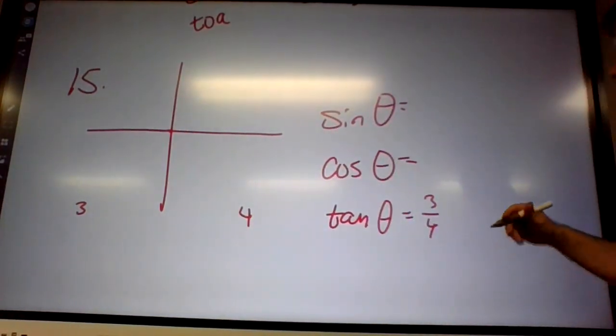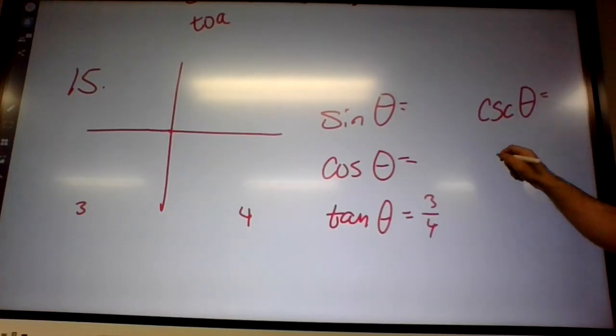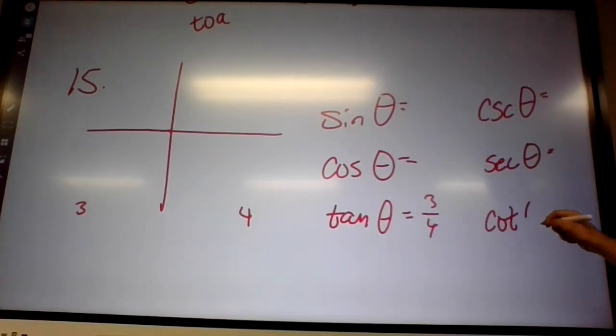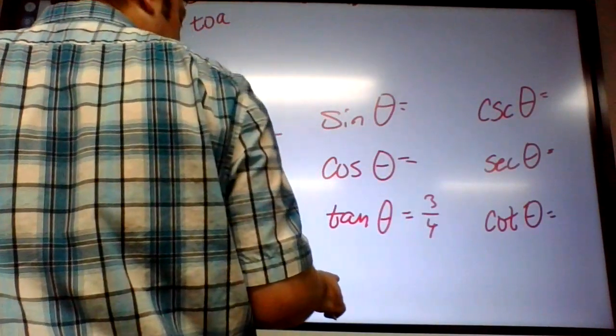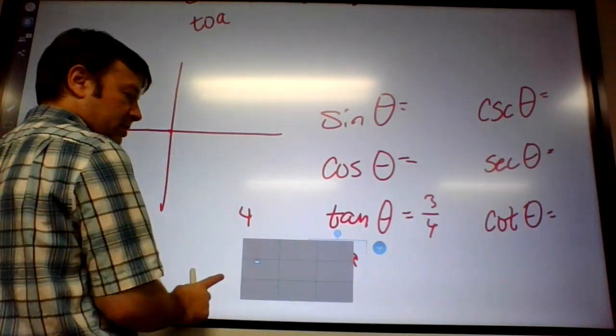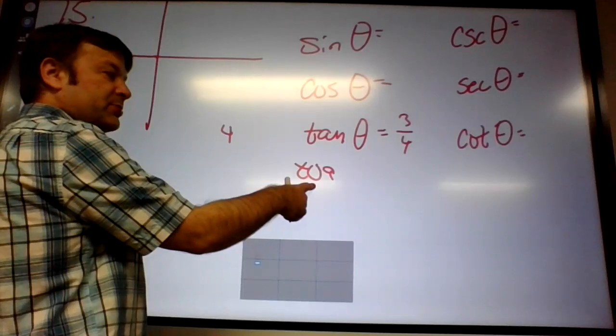Okay, so we know tangent on this one, we're in the third quadrant. So what is tangent supposed to tell us? SOHCAHTOA, so it's telling us what over what?